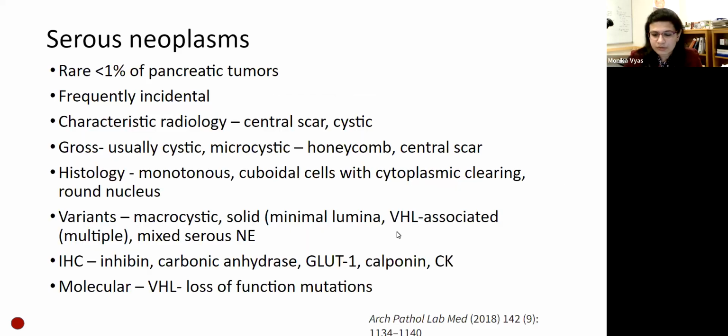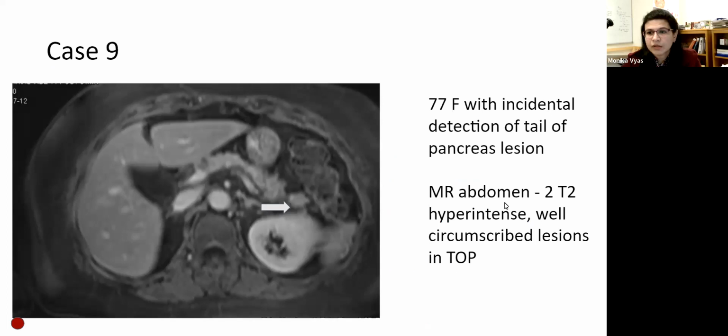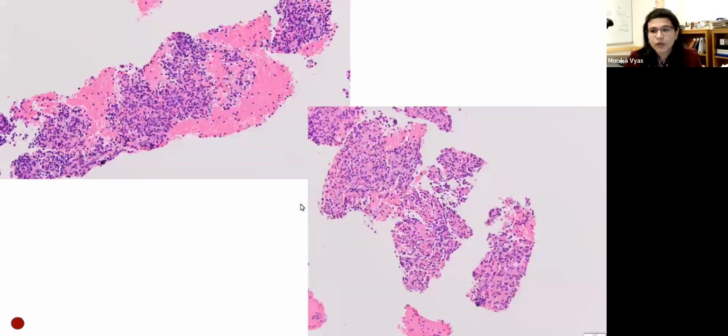Moving on to the next case, this was a 77-year-old woman with an incidental tail of pancreas lesion. It was a 2 centimeter T2 hyperintense, patient had 2 lesions actually, T2 hyperintense well-circumscribed lesions in the tail of pancreas. And the imaging features of these lesions were very similar to the adjacent spleen. So that was a clue.